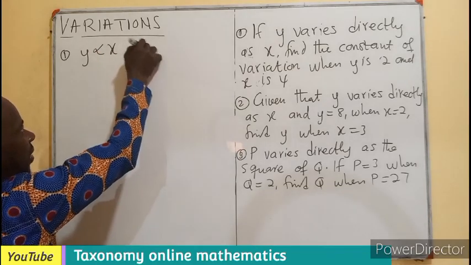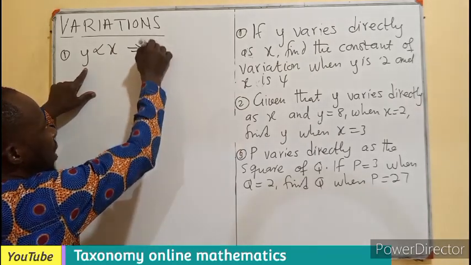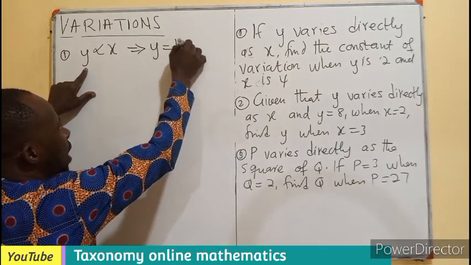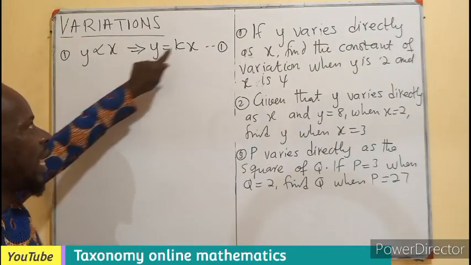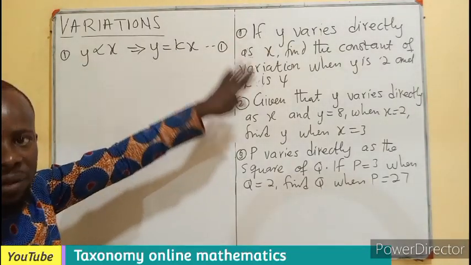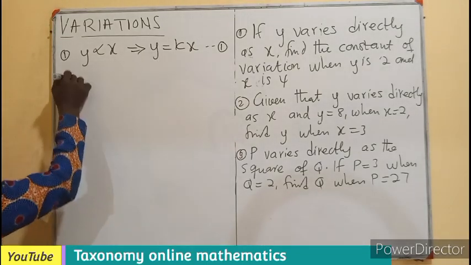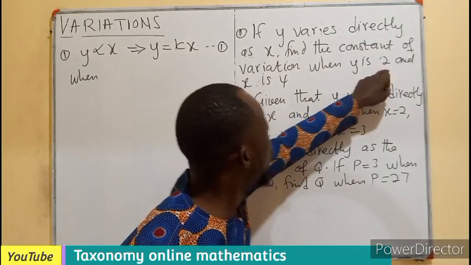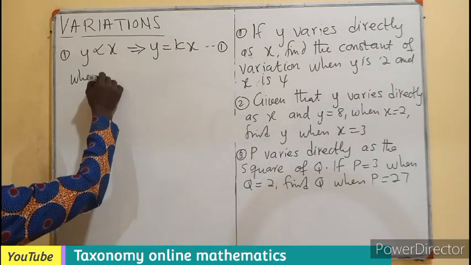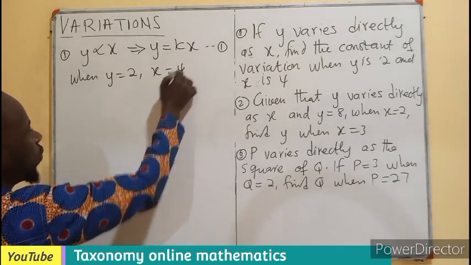And this can be translated into equation form, as in y equals kx, where k is a constant of variation. Alright. Now, we were told that when y is 2, x is 4. So when y equals 2, x also equals 4.